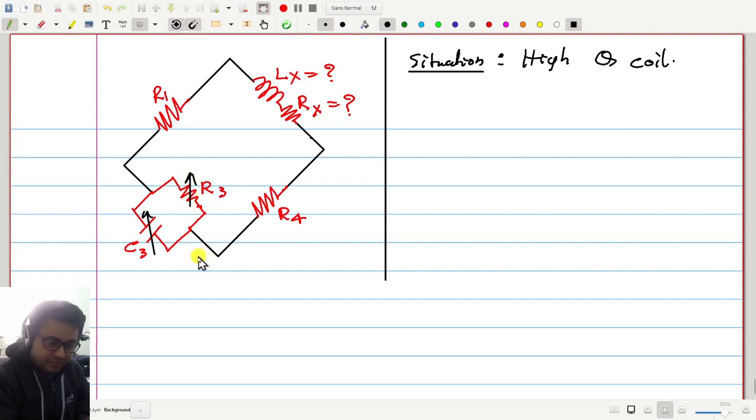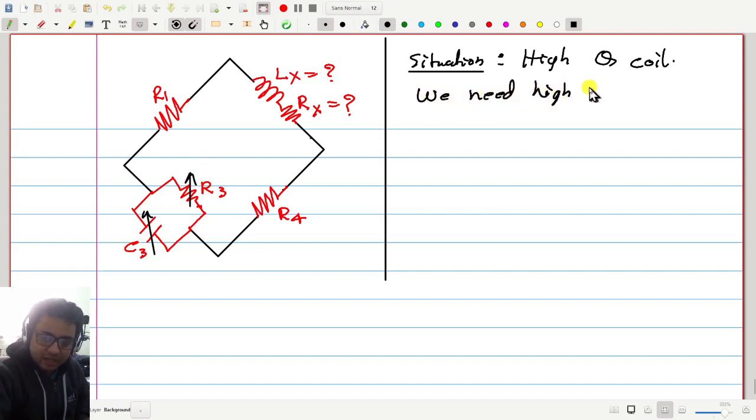R3 has to be very high, because if this angle is nearly 90 degree, then this angle should also be nearly minus 90 degree. So this capacitor should be nearly pure. So this parallel path should have very high resistance.